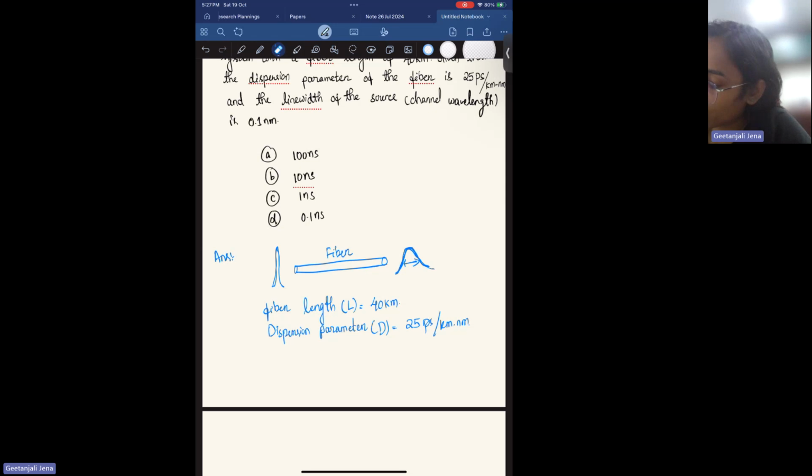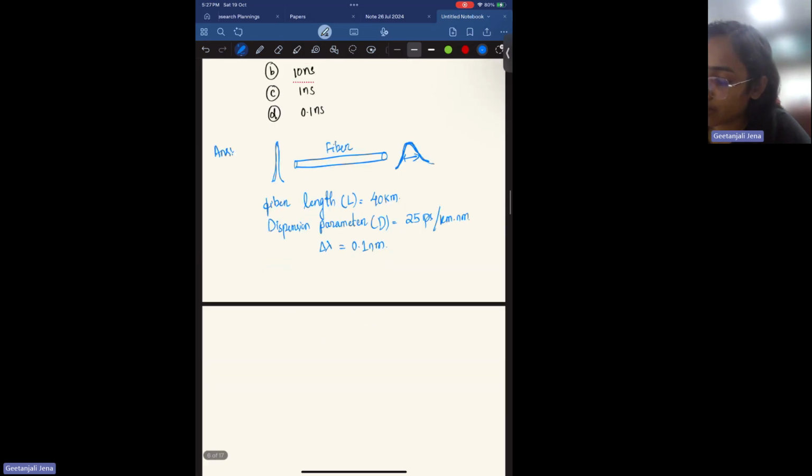And the line width is also given. All the parameters are already given. You just need to put them in the equation and find out the temporal spreading.